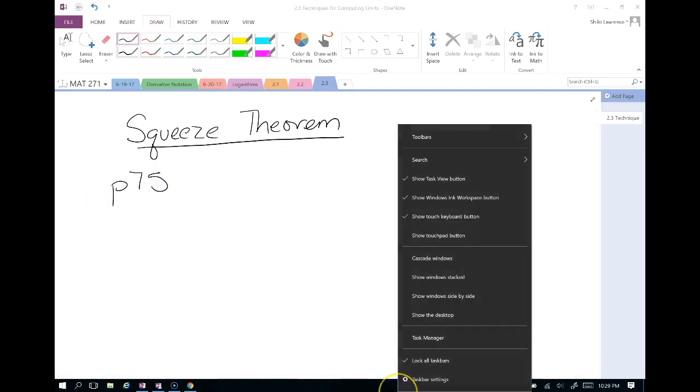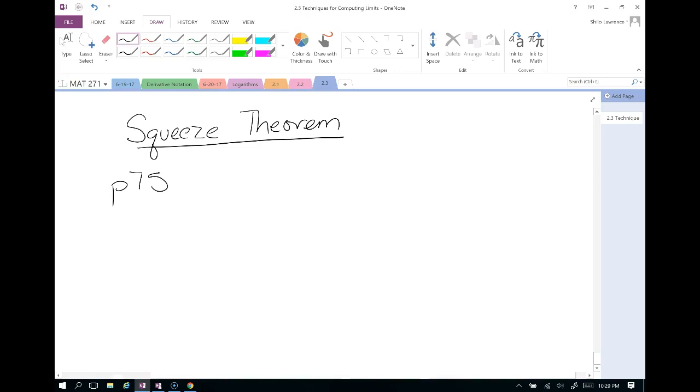if we have three functions, f, g, and h, and we know that f of x is always less than or equal to g of x, which is always less than or equal to h of x.